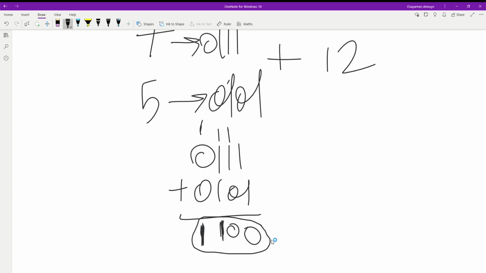So if we were to convert this back using 2's complement, convert it back to a positive number, because remember, the first bit is a sign bit, right? Convert it back. You're gonna have, let's see here, 0, 0, 1, 1 plus 1. That gives you what?